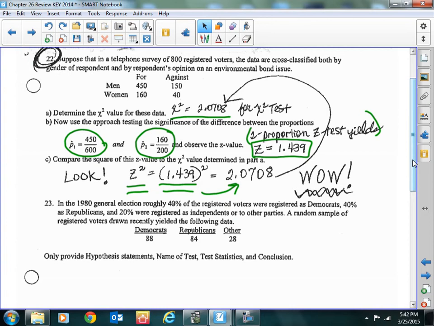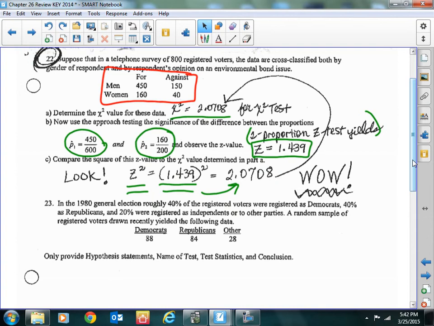That will happen whenever you have a 2 by 2 matrix, because a 2 by 2 matrix can also be written as a 2 proportion test.